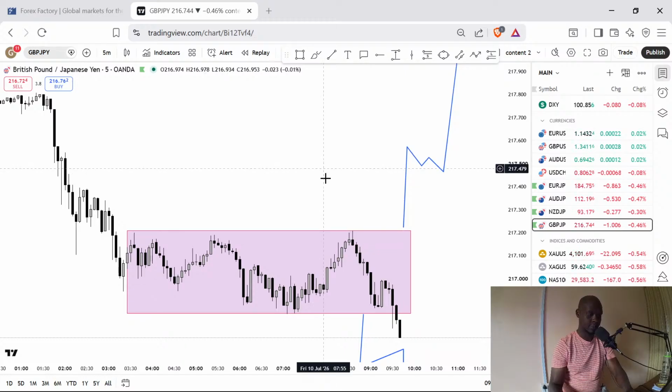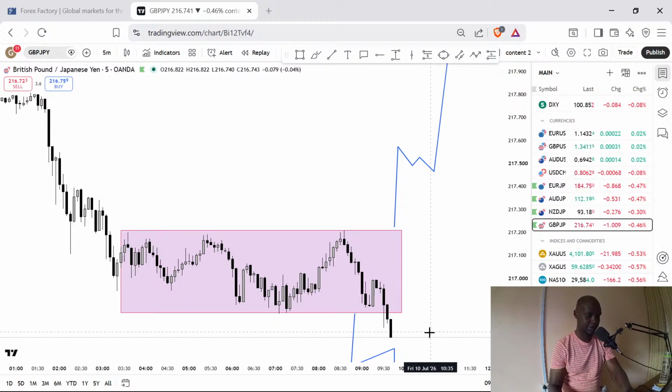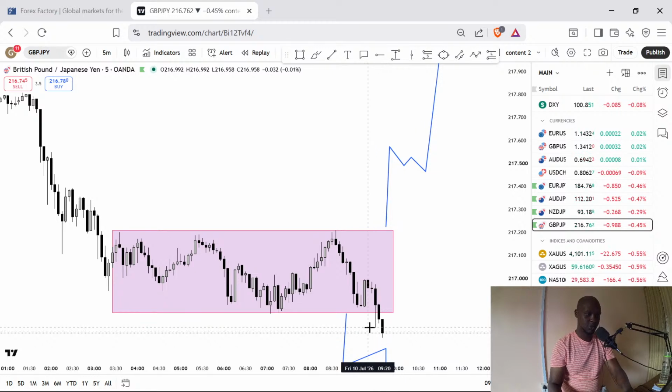Okay, so now we are starting to break outside of the consolidation area. Now, we've already had this candle, but we have to wait and see how it's going to close. And then after this candle closes, I'll be looking to see if I can get another strong bearish candle close. So what I'm looking for right now is two bearish impulsive candles.